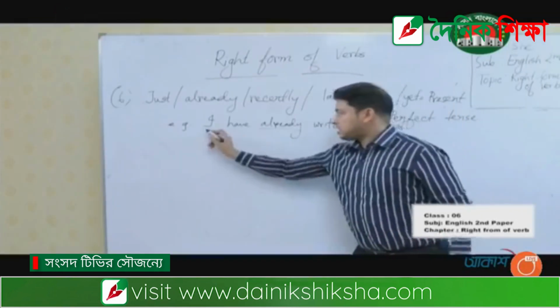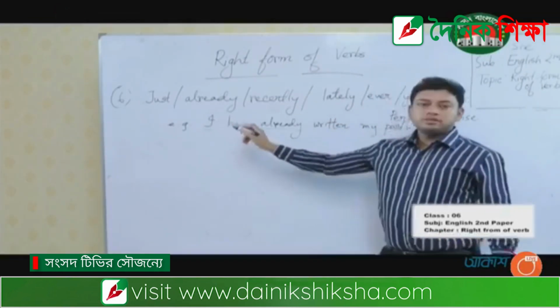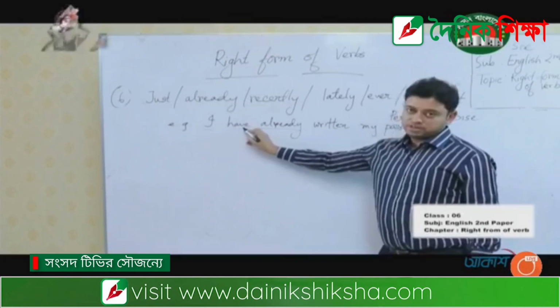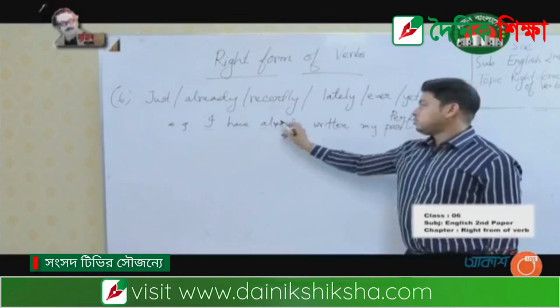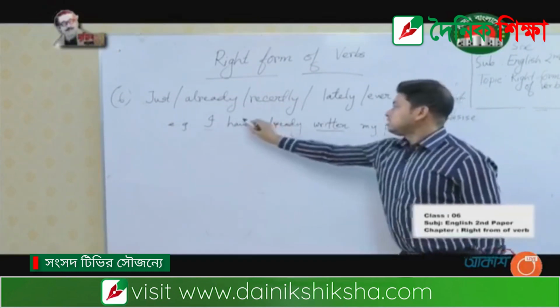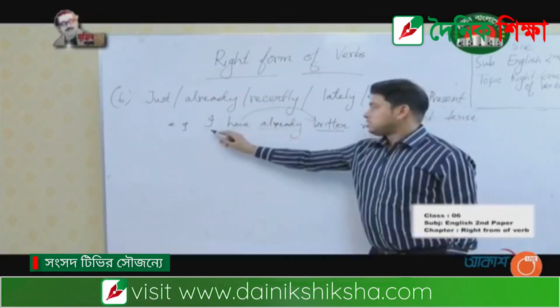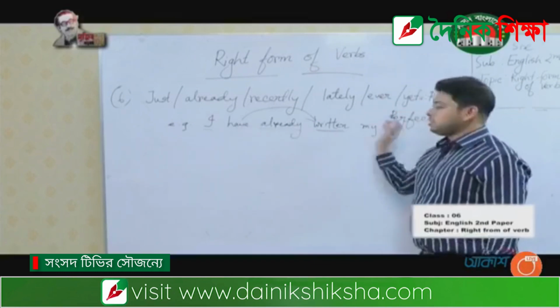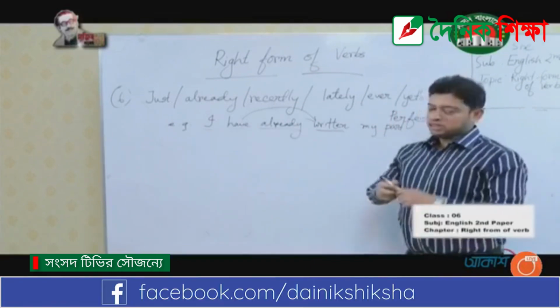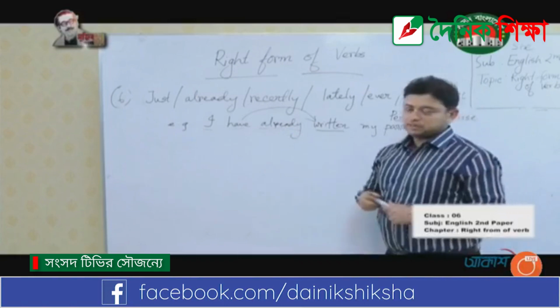The subject here is I, so definitely I will have the auxiliary verb have. Then have will be followed by V3, and already is there. That's why subject, have, V3, then object. So this is present perfect tense.